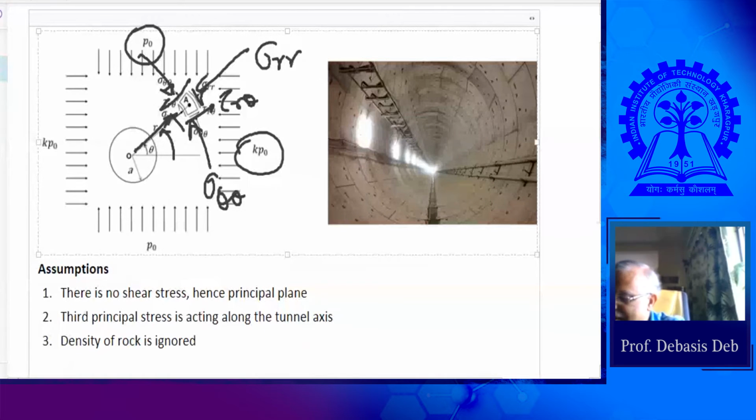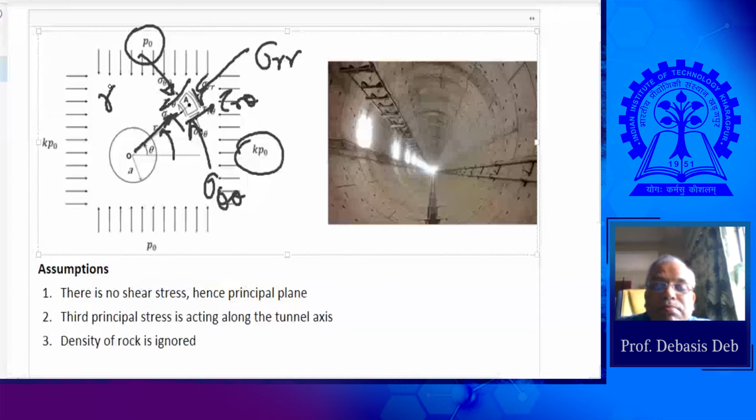And the density of the rock has been ignored. These stresses are so high that we can ignore the density, at least in the influence area of that circle. So far you understood the concept by which Kirsch solved that equation, right?